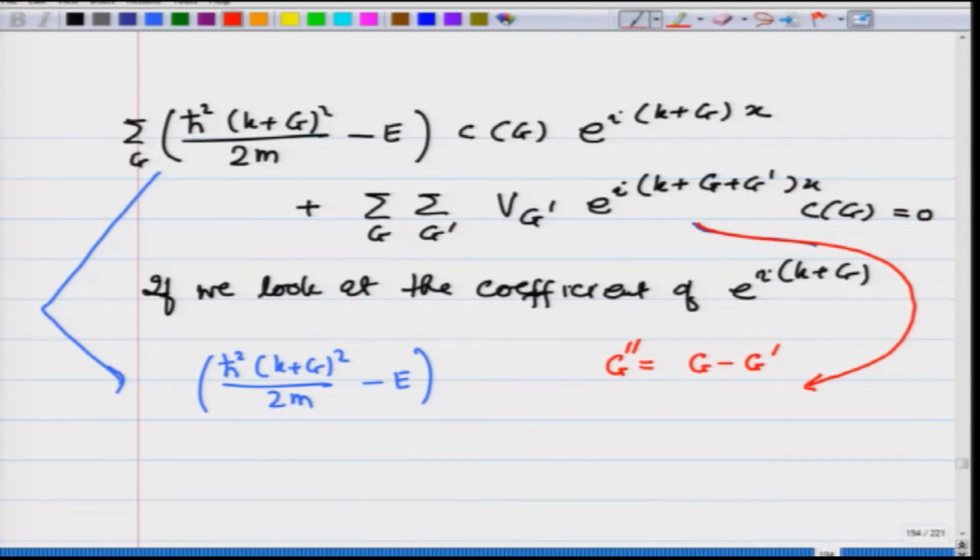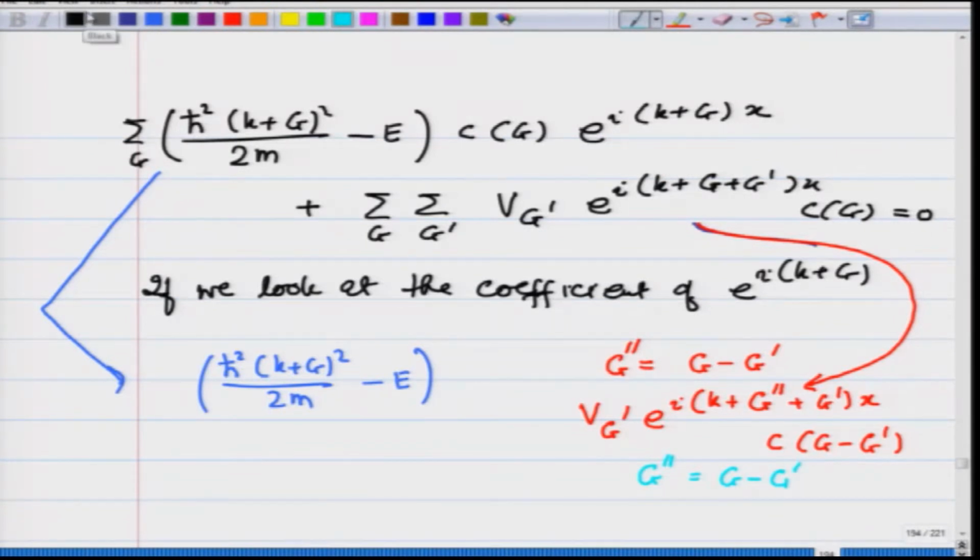So that I will have V_g' e^{i(k+g''+g')x} c_{g−g'}, where g'' is g − g'.